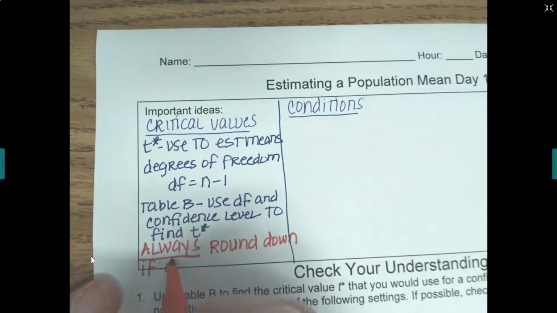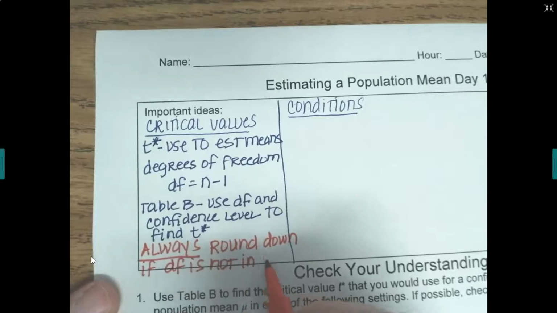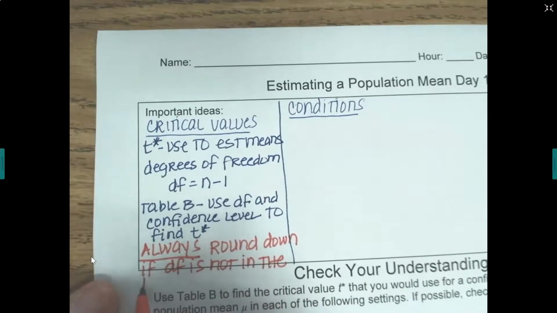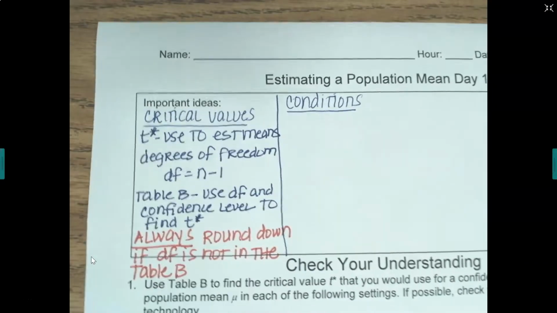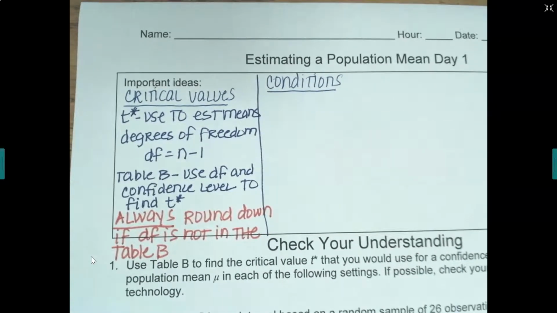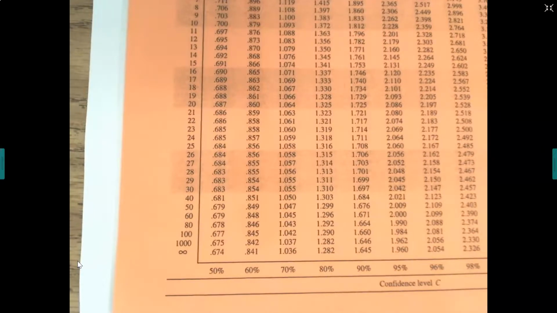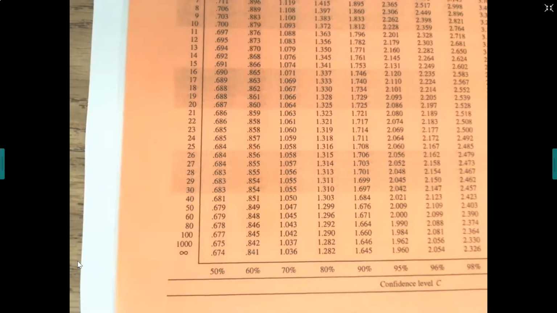That's another one of those conservative things: it's better to underestimate than to overestimate when using your statistics. So if I had a sample size of 35, my degrees of freedom would be 34. 34 is not on the list, so I would round down and use the degrees of freedom of 30.